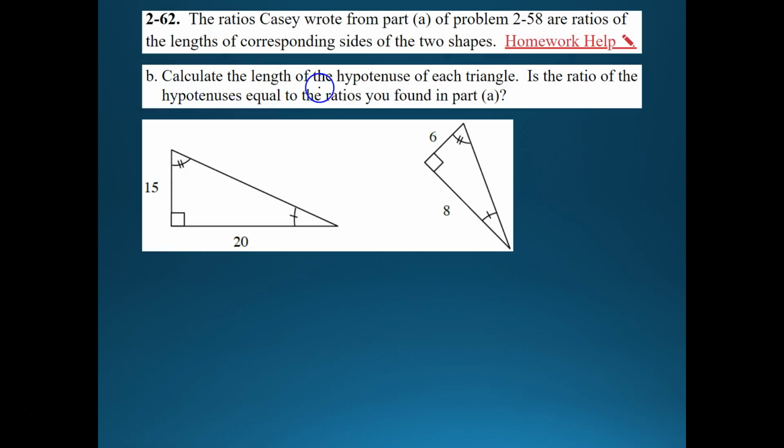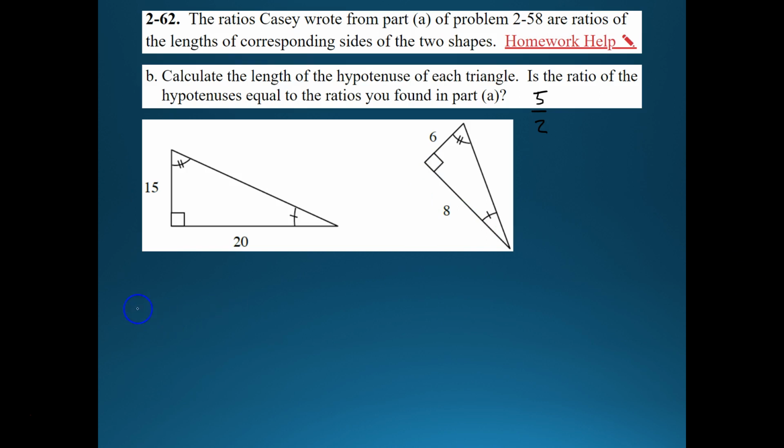Next, we want to calculate the length of the hypotenuse of each triangle, and find out if the ratio of the hypotenuses is equal to the ratio that we found in part A. Remember that ratio was 5/2. Since we have two right triangles, we can use the Pythagorean theorem.